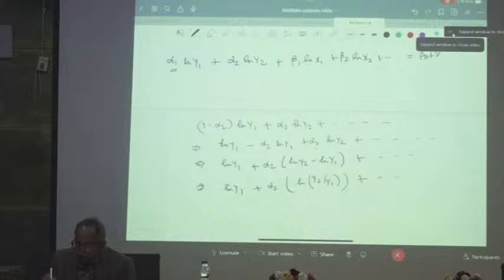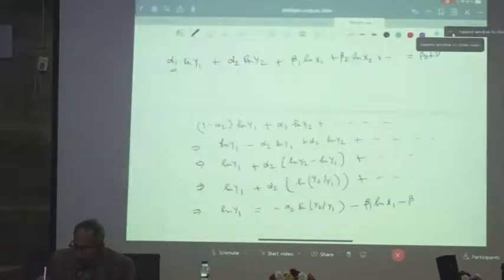Finally, I can write minus alpha 2 log of y2 over y1, taking everything to the right hand side, and the other terms are going to be equal to beta 1 log of x1 minus beta 2 log of x2, things like that.